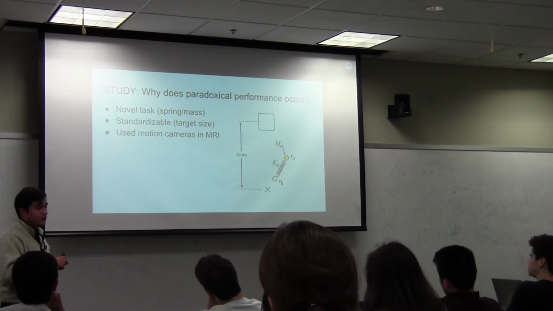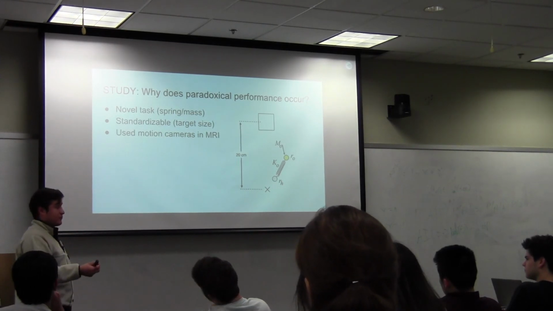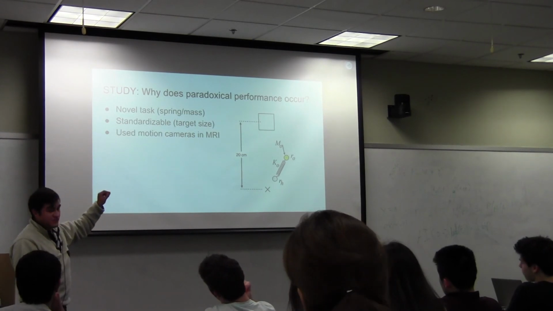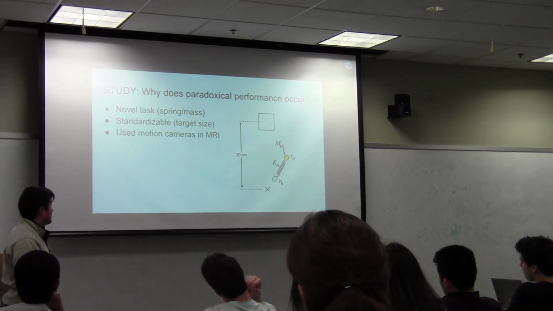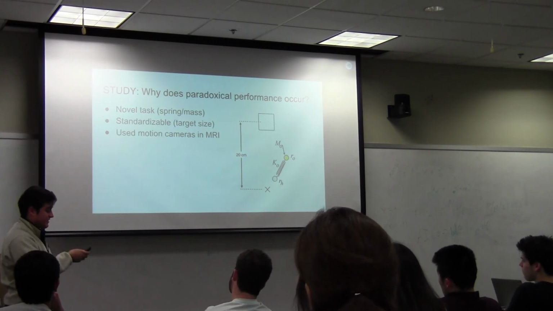They could also standardize it for each subject, because some subjects are better than others, but you want them all at the same difficulty level. So for some subjects the box would be smaller than for others. And they used motion cameras in the MRI to track the activity with a pointer.